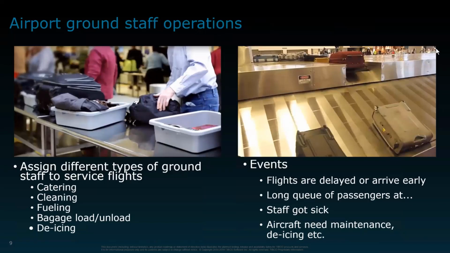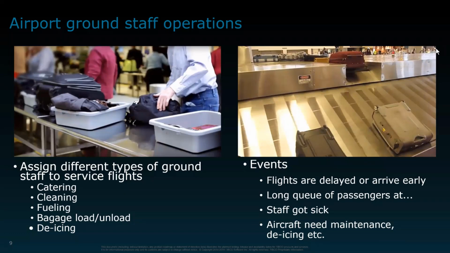So looking a little bit closer into airport ground staff operations, the task here might be to assign different types of ground staff to service flights, like the catering staff, cleaning the aircraft when it has arrived at the gate, fueling it, loading and unloading the baggage, and of course de-icing.